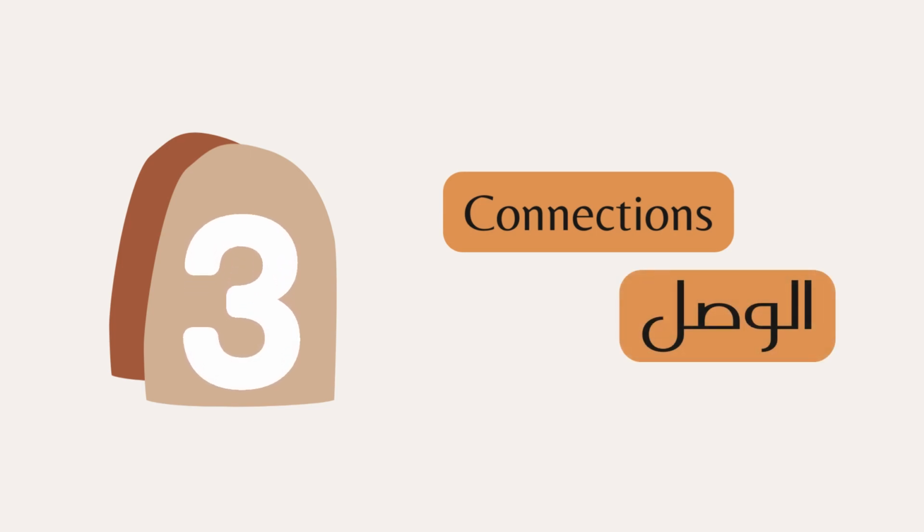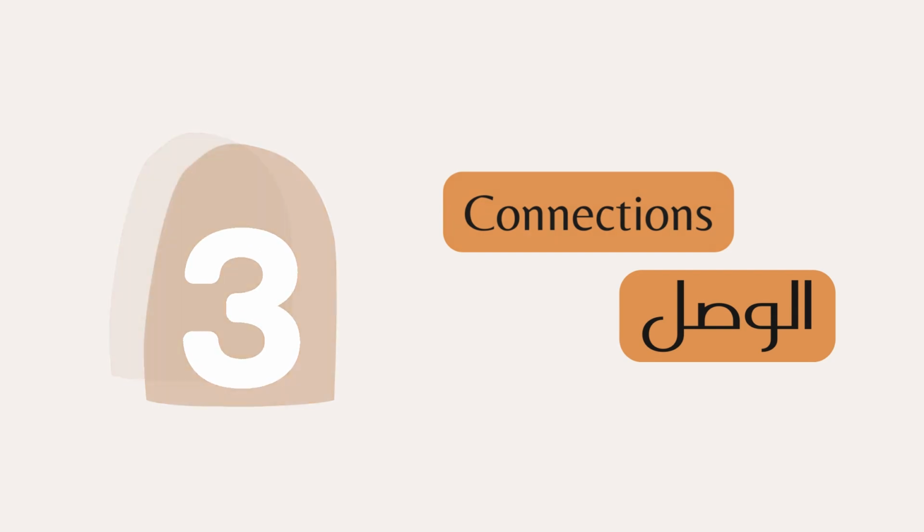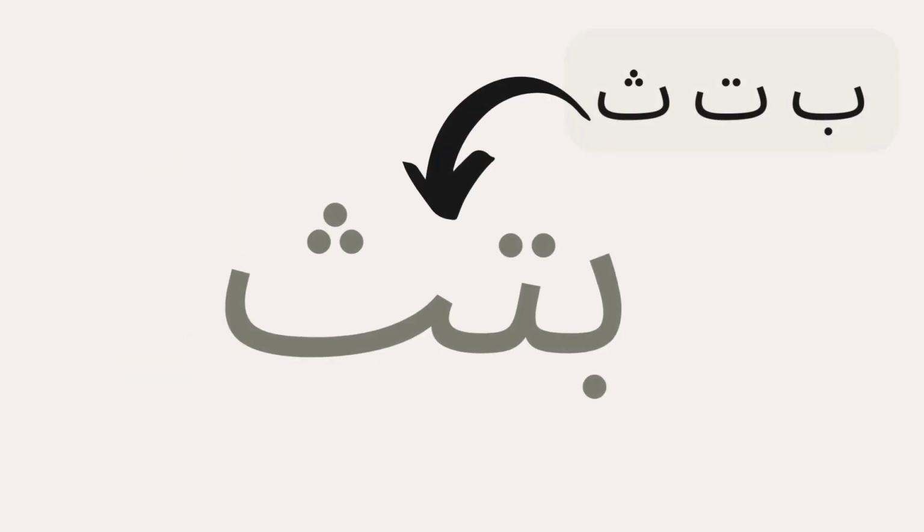Third critical point: connections, al-wasl. It's very important to know that Arabic letters are not written separately, like English letters. For example, we talked about ba, ta, and tha. Okay, that's cool. But when we need to write an Arabic word, we need to connect these letters together.